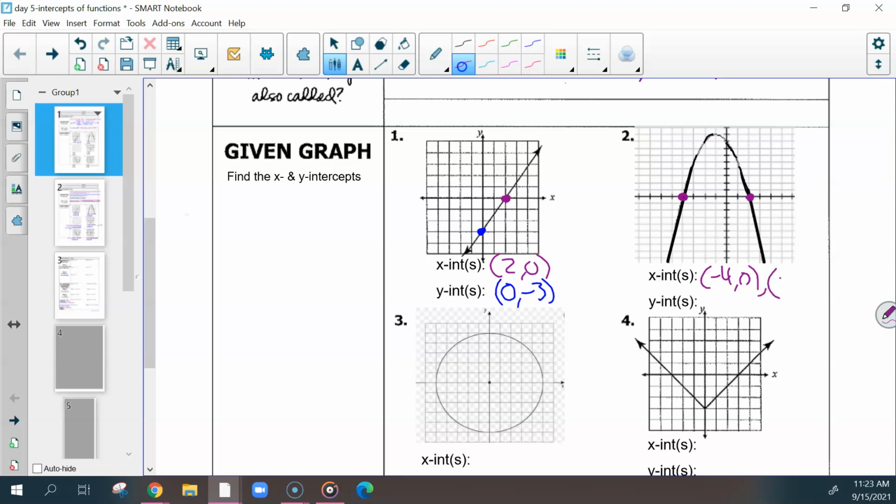That was supposed to be 0. So listing them as ordered pairs, or you could list them if there's multiple. So x equals, we're going to use curly brackets, least to greatest, so {-4, 2}. So we would really only use that if there's more than one of these. If there's just one, use the ordered pair.